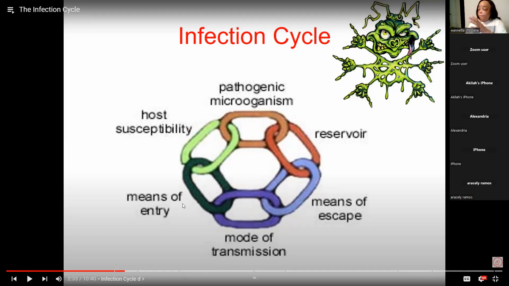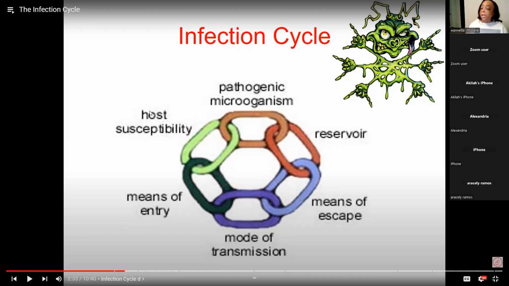You took whatever that was out of the air without even knowing, and you breathed that into your system. So now it goes to the host susceptibility, who is susceptible. If your immunity is not up to standards and you're not as healthy as you think you are, you could have breathed this in, breathed that air that had that germ from that person.